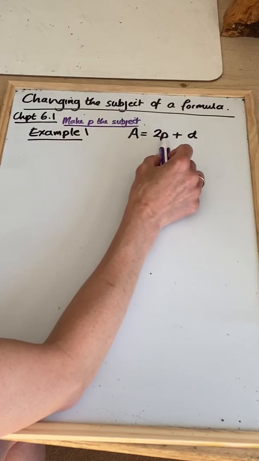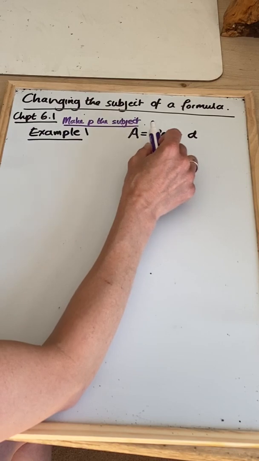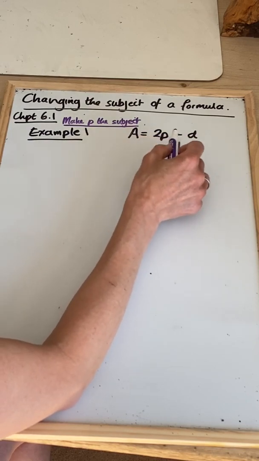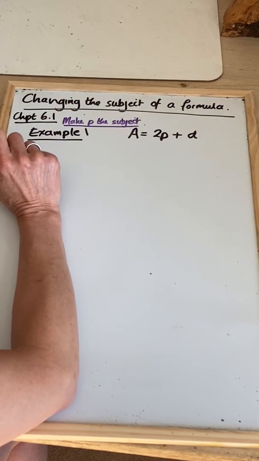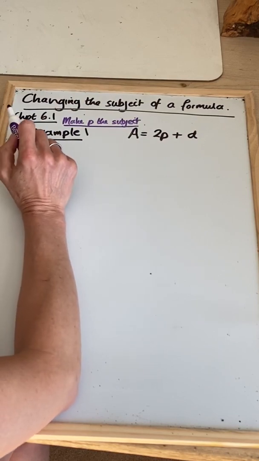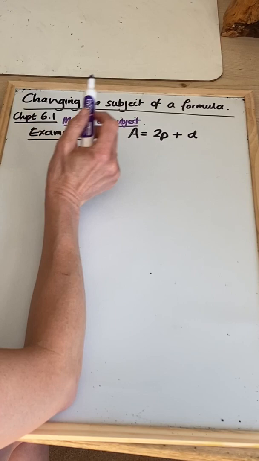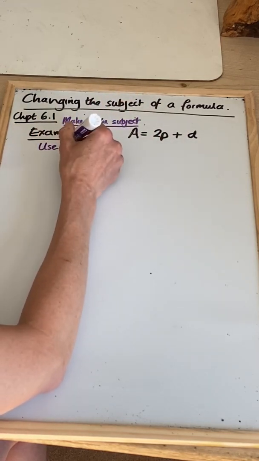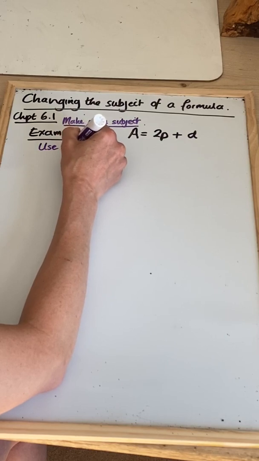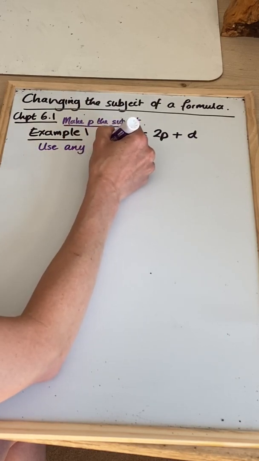We would like P to be the subject, which means that we would like this formula to be rearranged so that it's a P equals something formula. Now, in order to do the rearrangements, we can use all the normal rules of algebra.